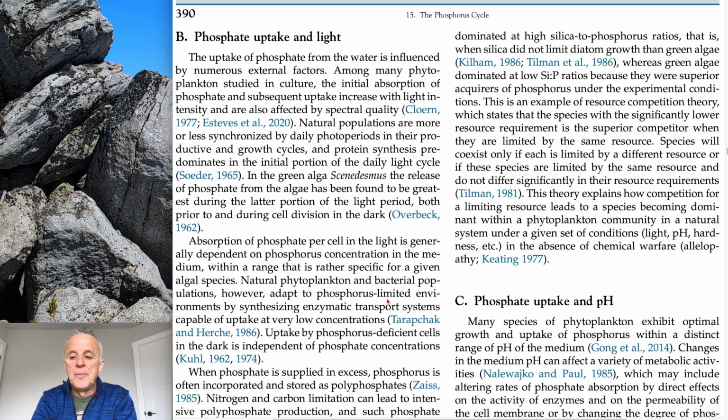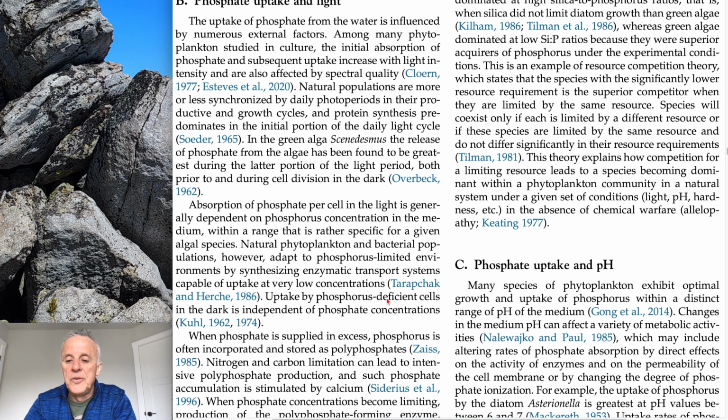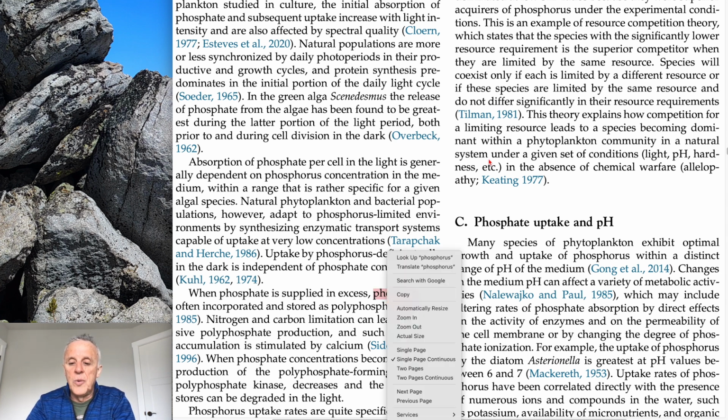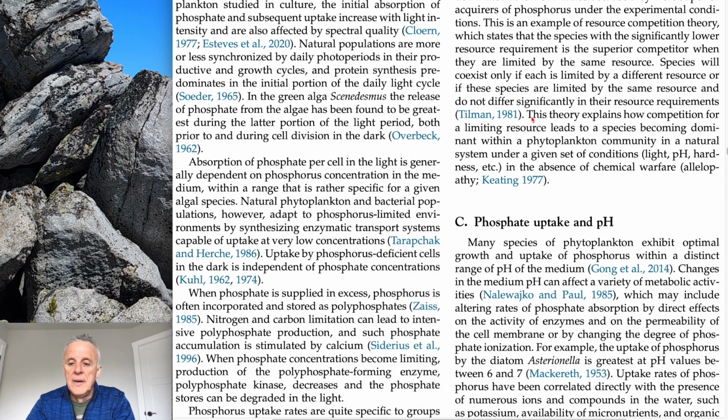This theory explains how competition for a limiting resource leads to a species becoming dominant within a phytoplankton community in a natural system under a given set of conditions, light, pH, hardness, etc., in the absence of chemical warfare, allelopathy.